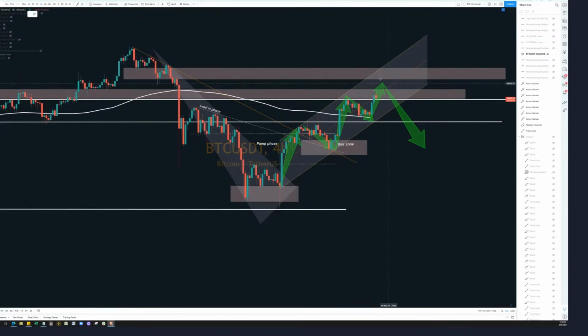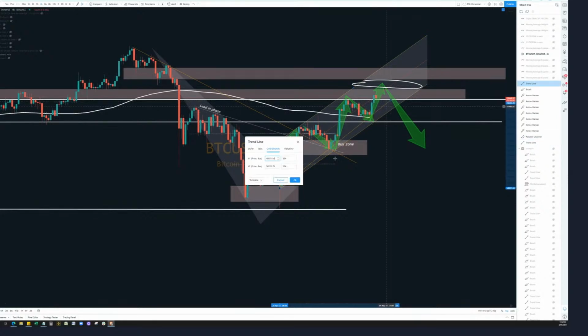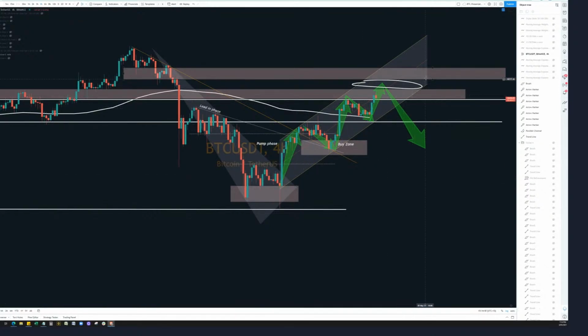Now I'm making the assumption that we're going to get a significant resistance here, and currently it looks like we're having this formation, another bottom. Let's get rid of that for a sec, and get rid of those arrows.